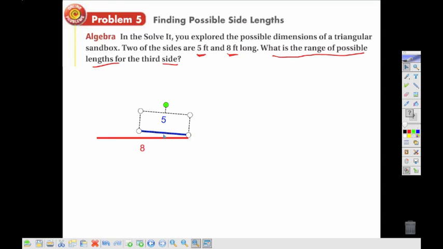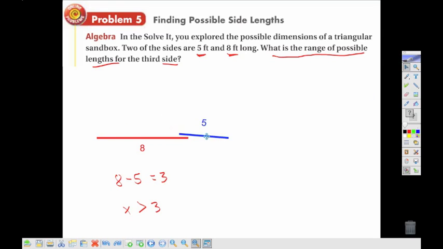well, the shortest it could be would be if I put them together coming like this. How long could that third side be? And we can see from this picture that if I subtract 8 minus 5, that would give me 3. So my third side there would have to be greater than 3 in order to make a triangle.